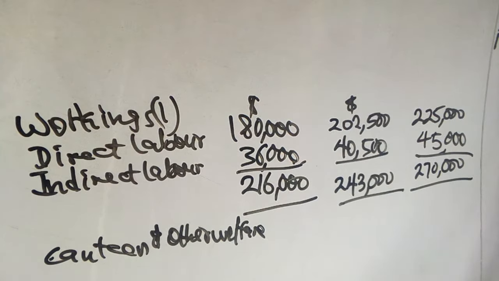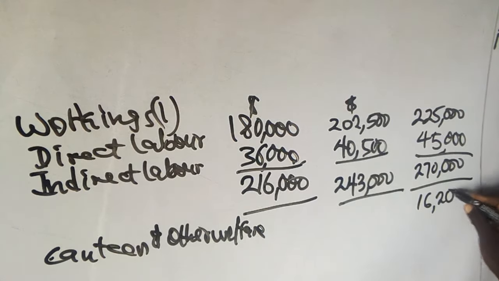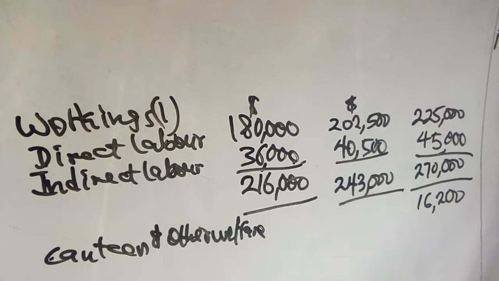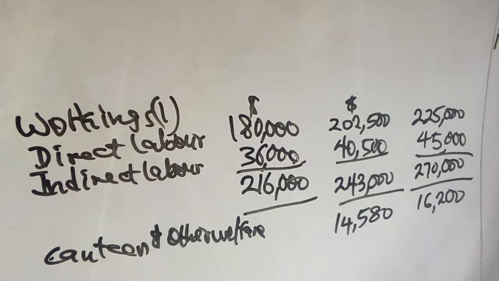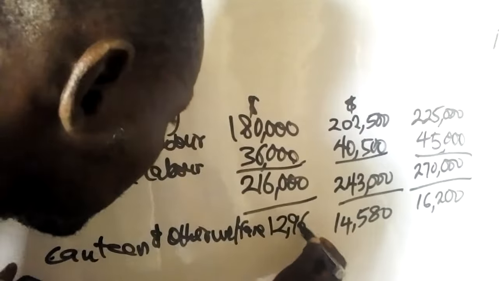So 6% of 270,000 will give us 16,200. 6% of 243,000 is 14,580. 6% of 216,000 is 12,960.